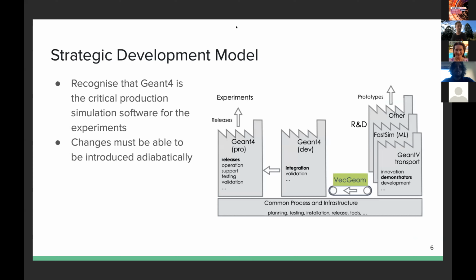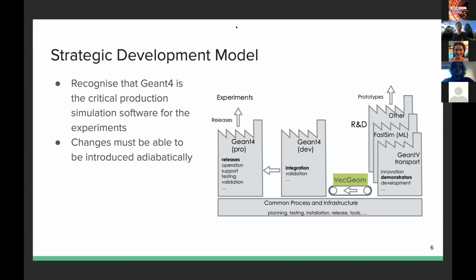You know, we're running experiments and we continue to take data with Run 3 starting not very far from now. And so the best things that we can do are ones where we can take improvements and introduce them into Geant4. Now that doesn't mean freezing the Geant4 code base, rather it just means combining, in a clever way, the different codes that we use so that they become faster and better for the physics program that we have.